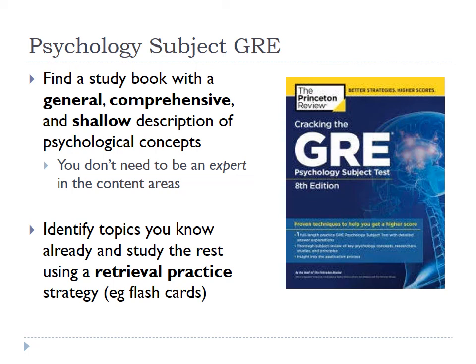Get one of those superficial, shallow ones, because you don't need to be an expert in the content. You don't need the giant, dictionary-sized book. You just need a basic understanding of the psychological concepts, and you'll be able to study in a more efficient way with a shallow description. Then basically you go through that book, put an X through everything you already knew, and for the topics you didn't know, make flashcards and study them until you know them.